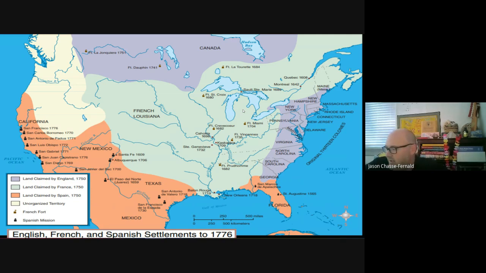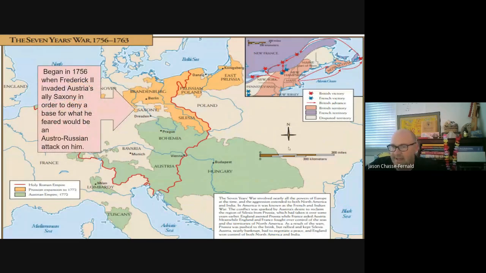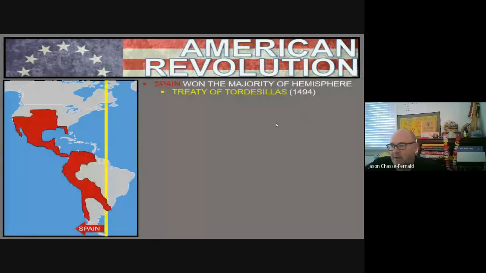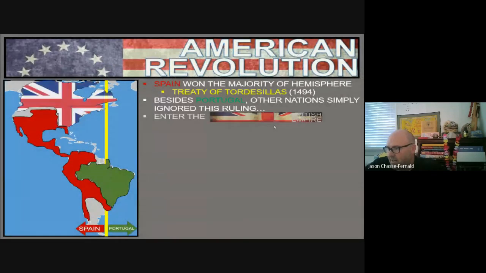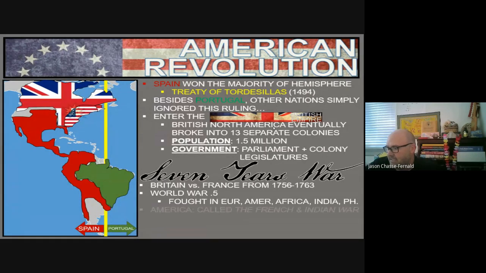To examine this, of course, the French and Indian War, or the Seven Years' War, is generally the starting point. A couple of things to keep in mind about the Seven Years' War: it is a war between the British and its colonies against the French and the Spanish.